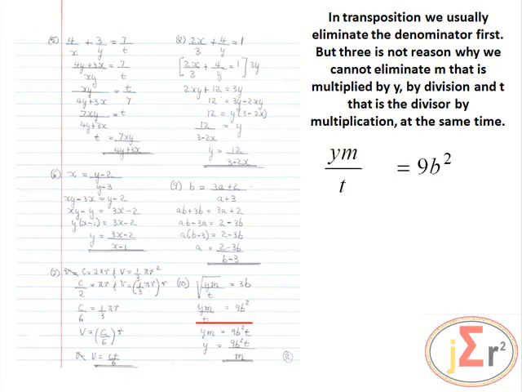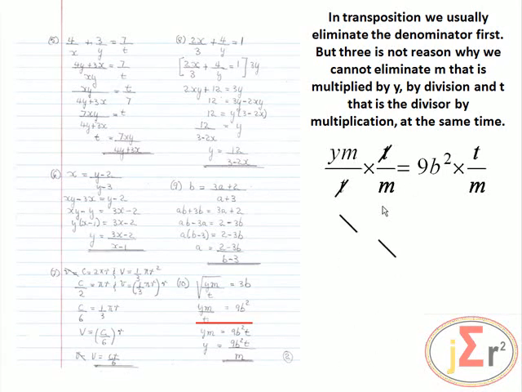In transposition, we usually eliminate the denominator first, but there is no reason why we cannot eliminate m, that is multiplied by y, by division, and t, that is the divisor, by multiplication at the same time. So there is no reason why we cannot eliminate this m and this t at the same time. So we will go straight ahead and do that by multiplying by the appropriate fraction.